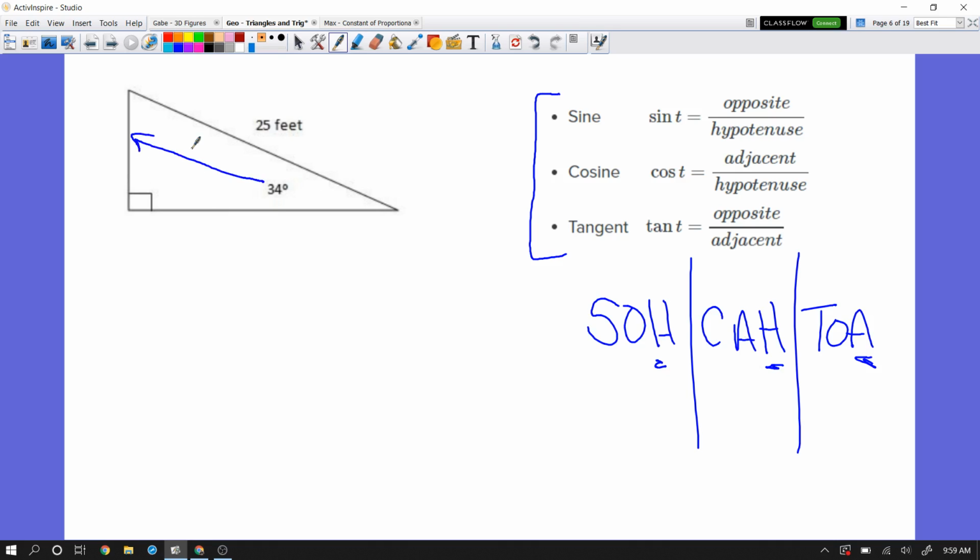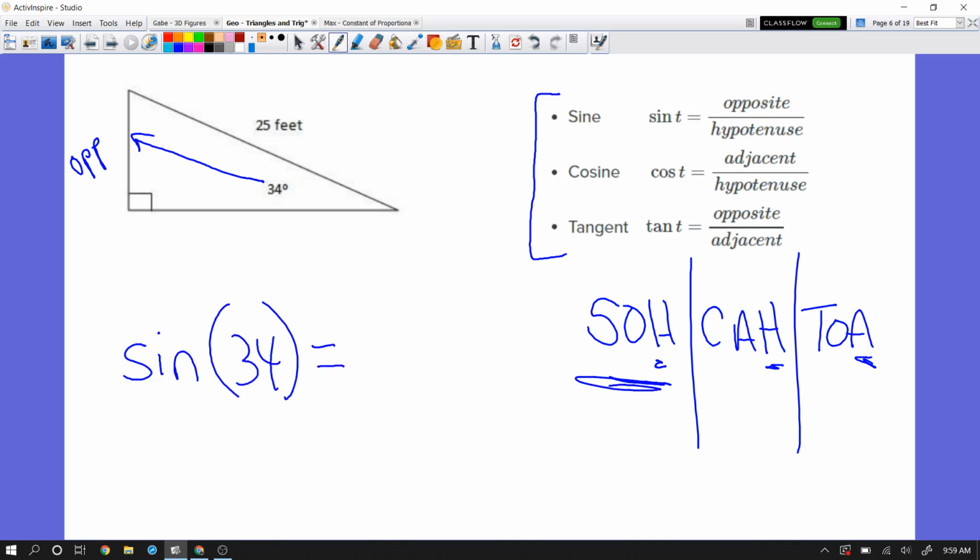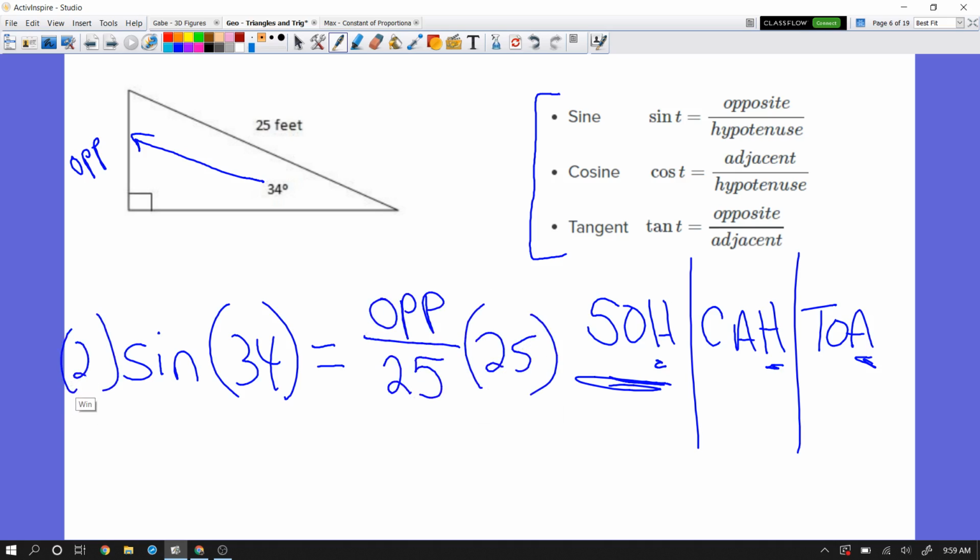That's going to be opposite of the angle, so we're going to put op right there, and let's use this one. So sine with the angle measure 34 is going to equal the opposite over 25, which is our hypotenuse. Multiply by 25. Multiply by 25. And this is what you're going to be typing in your calculator: 25 times sine of 34 degrees.